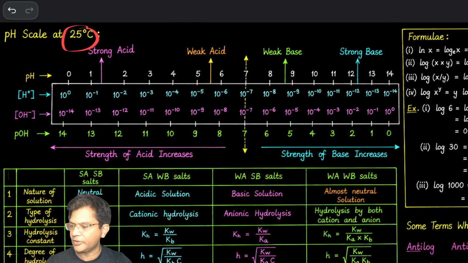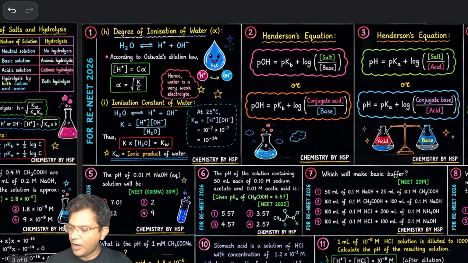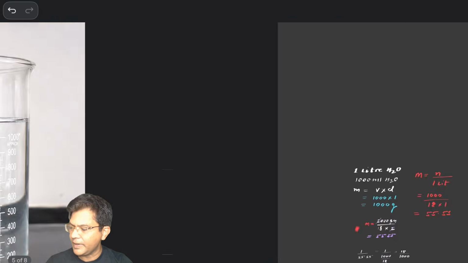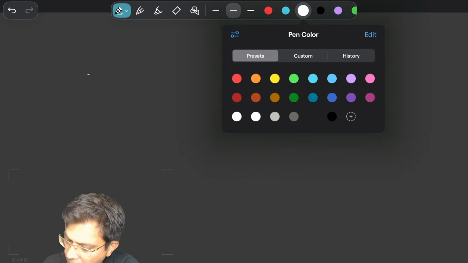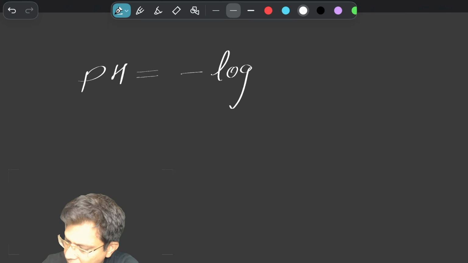Now let's see what is the formula of pH. Most important thing, the formula of pH. Remember that pH is equal to minus log of H plus concentration.